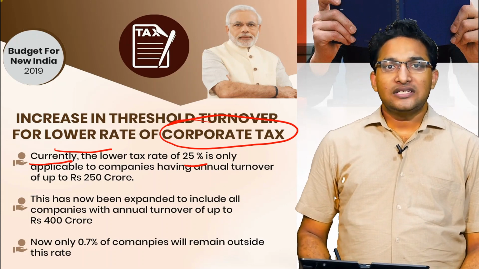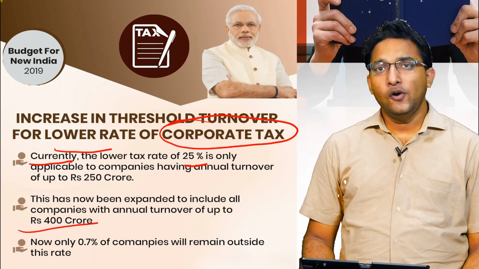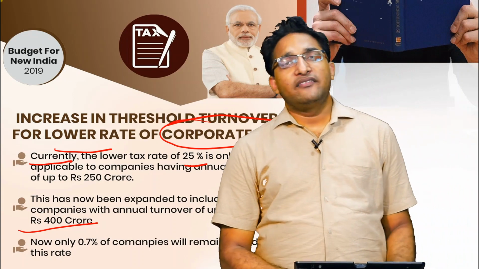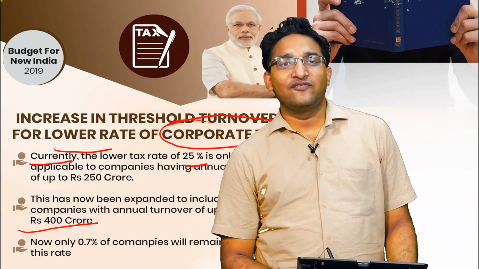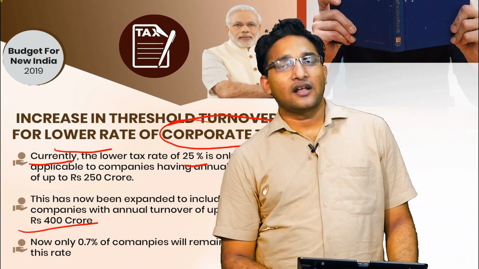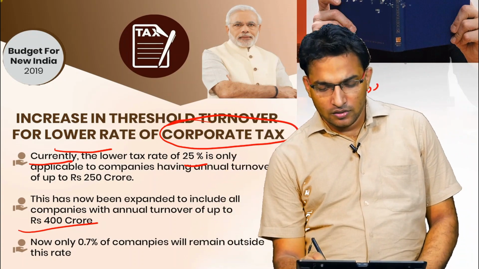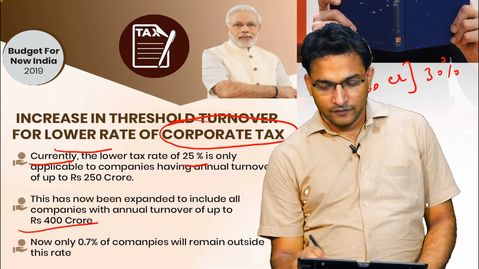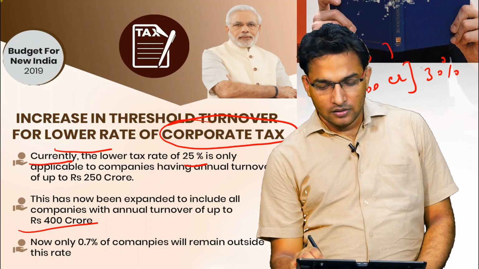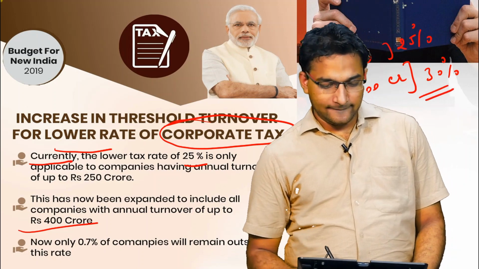But now, this limit has been extended to 400 crore. So now, if the company has a turnover of up to rupees 400 crore, they are supposed to pay 25% tax. And the companies having a turnover of more than 400 crore are supposed to pay 30% tax. So less than 400 crore turnover, 25%, and otherwise 30%.